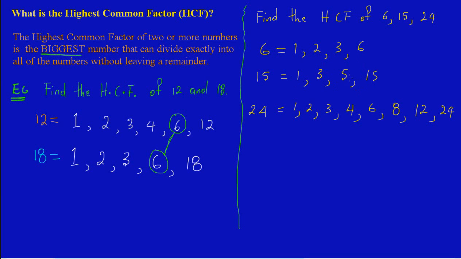I have 5 here, so obviously 3 would be the largest number that appears in all three listings. So 3 is the highest common factor of 6, 15, and 24, and it's that easy. In this case, 3 is the HCF.